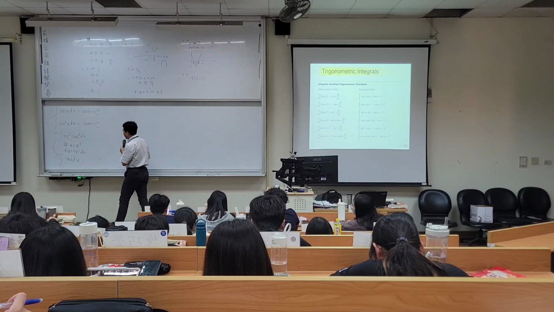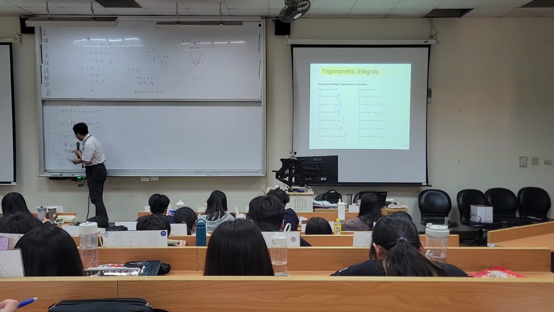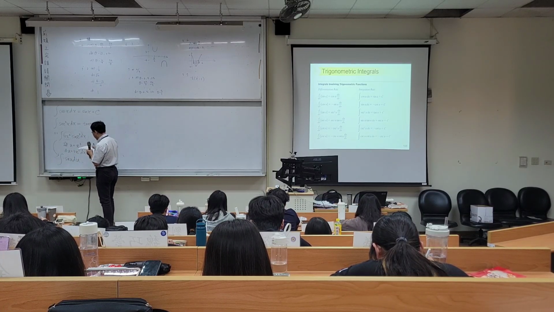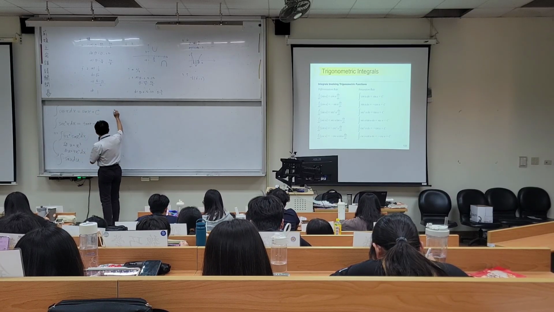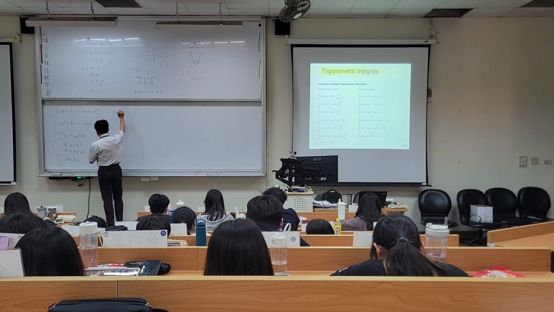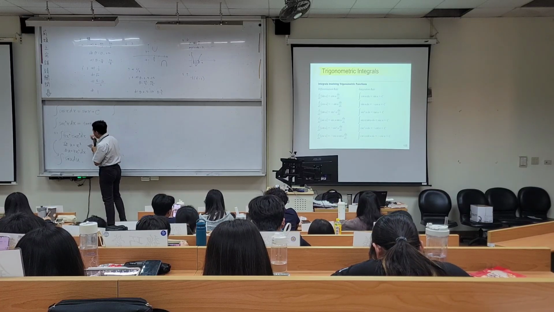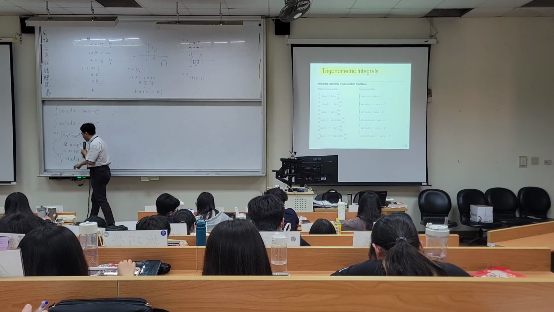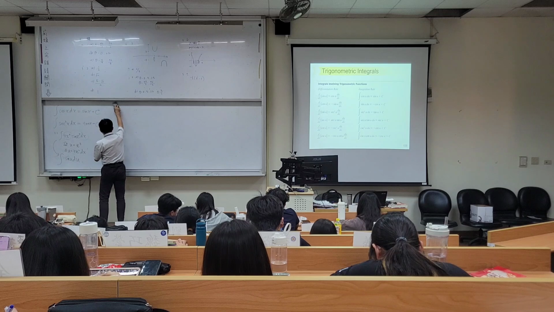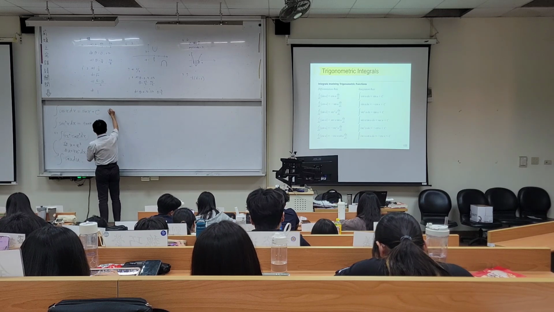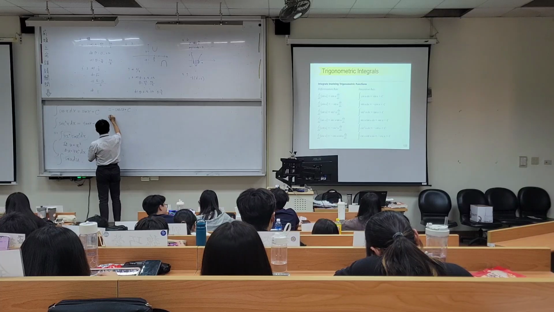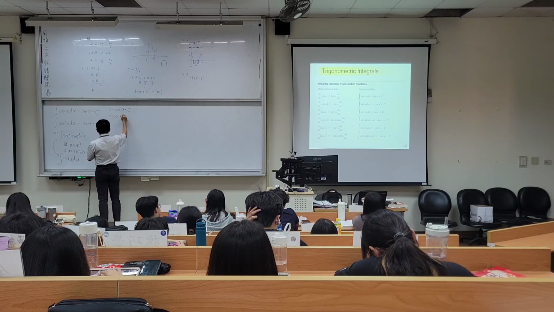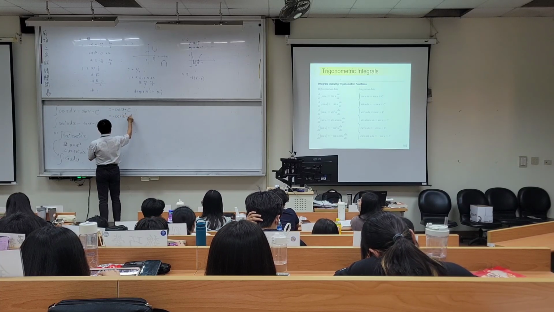And we know the derivative of cosine is minus sine. So the integral of sine will be equal to minus cosine u plus a constant. Will be minus cosine x cubed plus a constant.